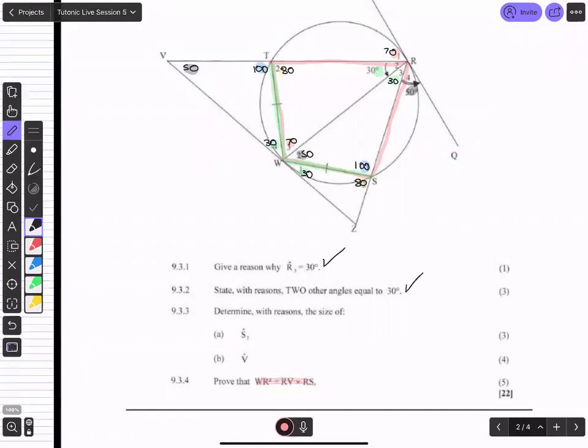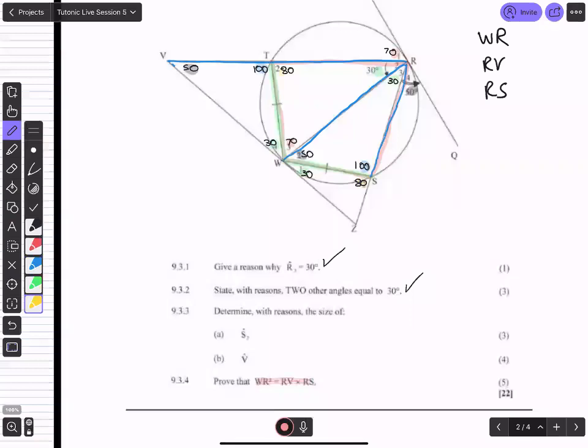So they want WR, they want RV, and they want RS. Where's WR? WR is here. Okay. RV is here. And RS is here. Do you guys see which triangles they might be talking about? Does anybody spot the triangles that we could use?